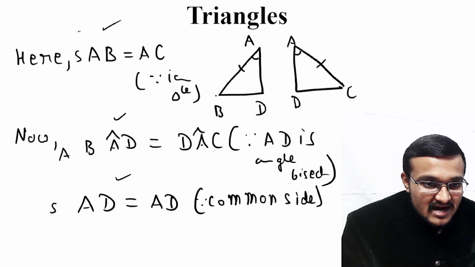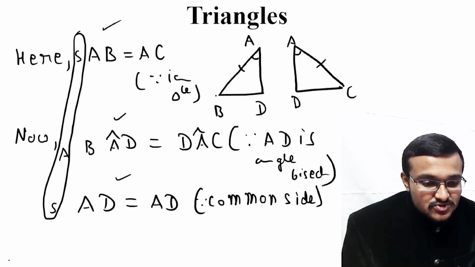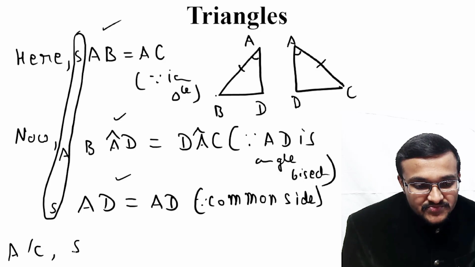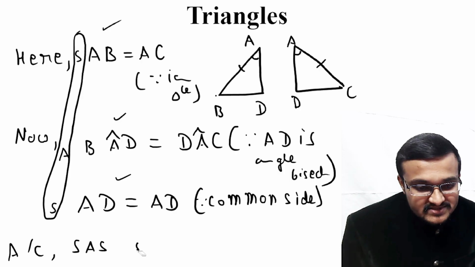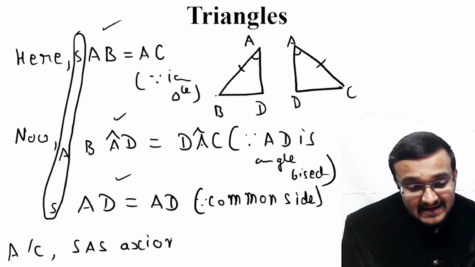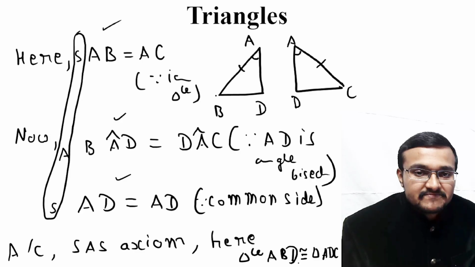So that means according to SAS postulate, or you can consider axiom, here we have considered SAS as an axiom. So according to SAS axiom, triangle ABD is congruent to triangle ADC.